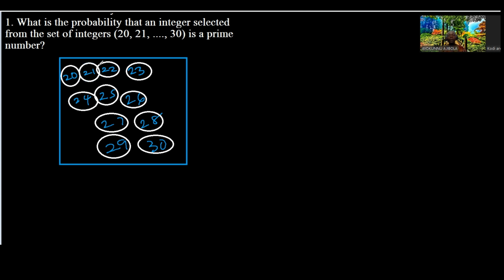So if I pick any one at random, it's possible to pick any of the 11, right? So probability of picking a prime number: the probability of prime will be how many prime numbers are there over the total number. So number of prime figures over total population.